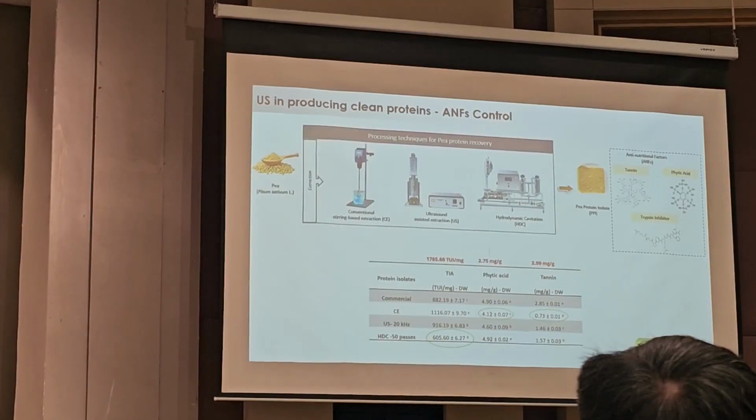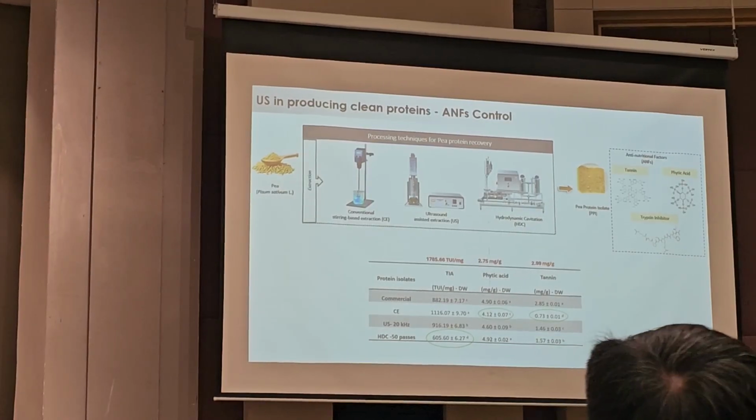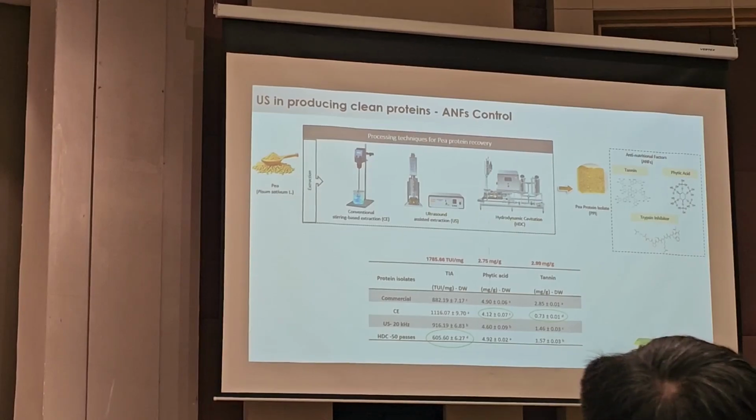This is another example, again for the pea protein, where the recovery was over 80%. And in this case, again, the behavior was quite strange. Hydrodynamic cavitation reduced trypsin inhibitor, whereas it had no changes in other phytochemicals. So when we are proposing any technology for extraction or improving processing yield, we have to sell it as a package.